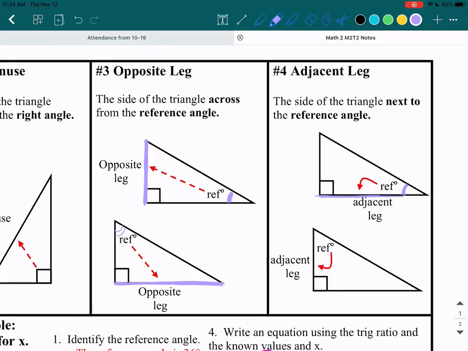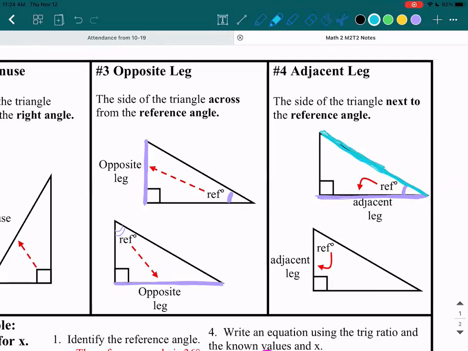So it's this one. And some of you might be thinking, but Miss Jade, there are 2 sides of the triangle directly touching that angle. The other side is this one right over here. Why is this one not the adjacent side?